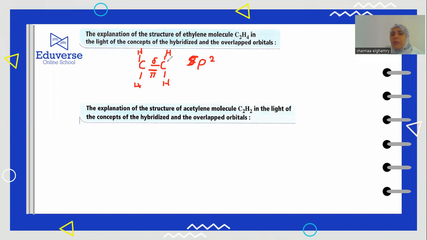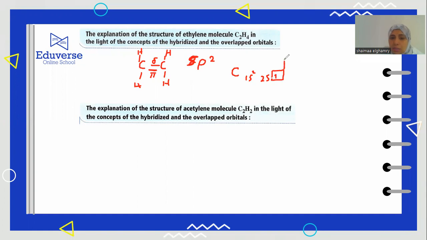So the type of hybridization here is sp2. The electronic structure of carbon is 1s2, 2s, which contains 2 electrons.